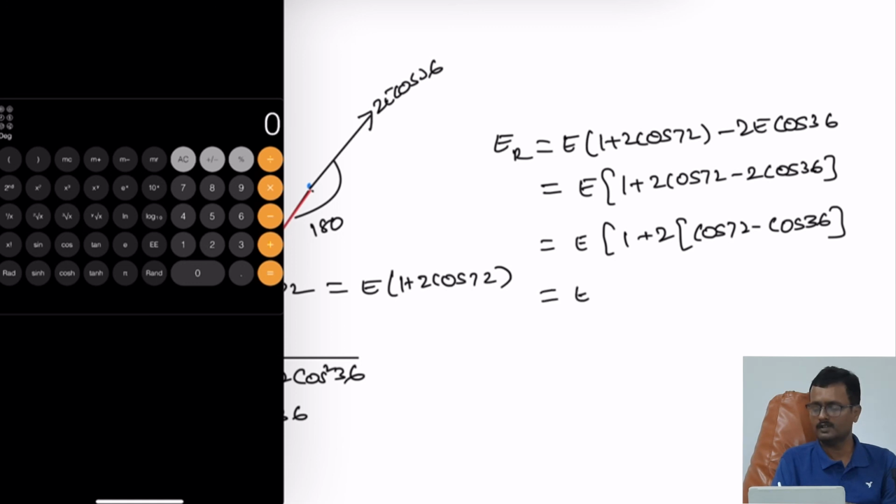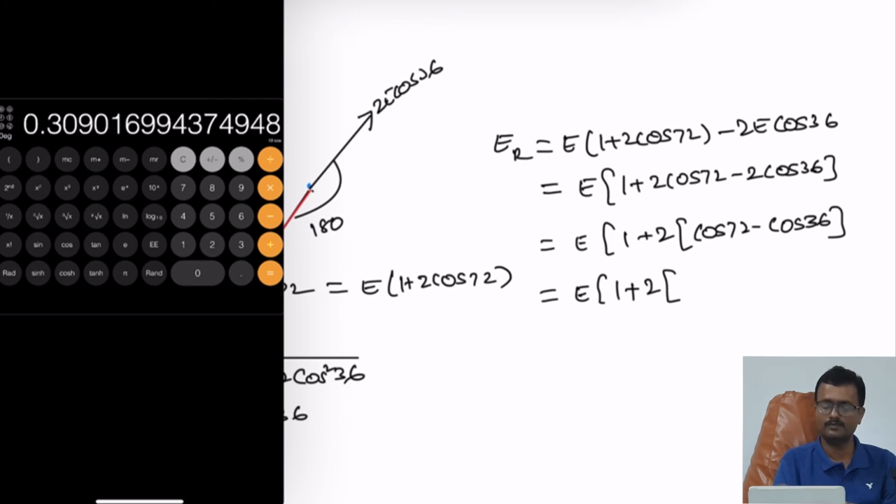That is equal to E into 1 plus 2 into cos 72, which is 0.3090, minus 2 into cos 36, which is 0.8090.